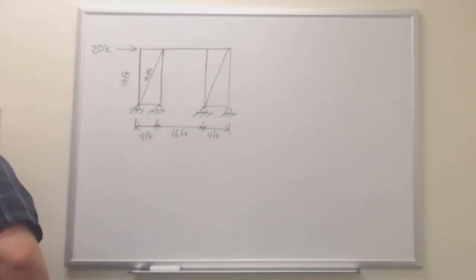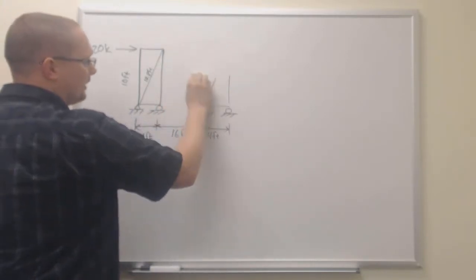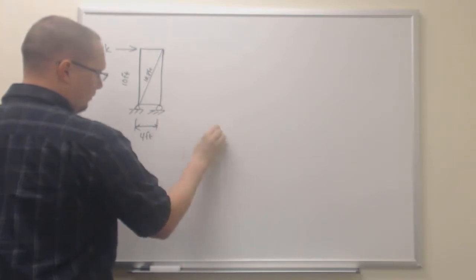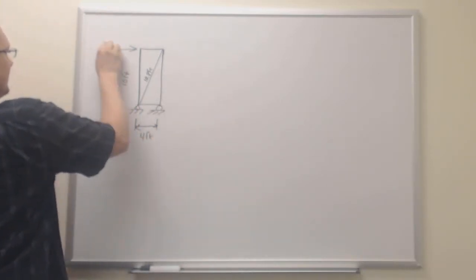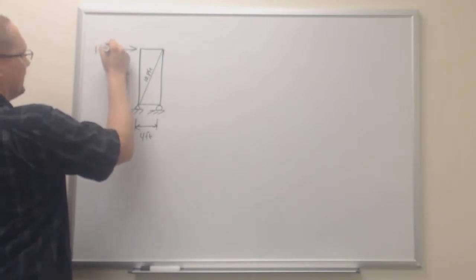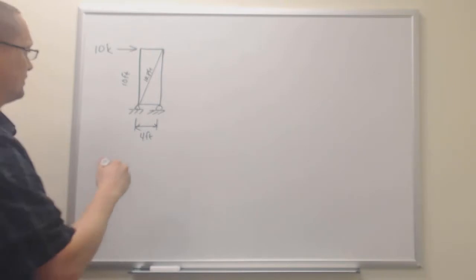So if I erase this part here, I'm really just interested in analyzing one of these shear walls with a 10,000 pound load and trying to find out how that affects the structure.